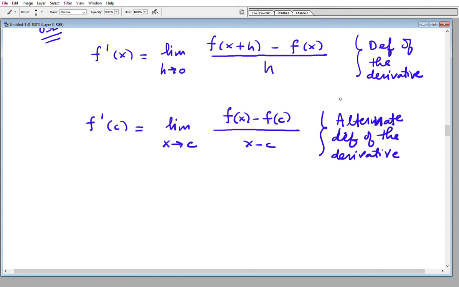All right, let's do one little example of finding a derivative, and then I want to talk about functions that are not differentiable at a given point. So let's just practice finding one derivative.